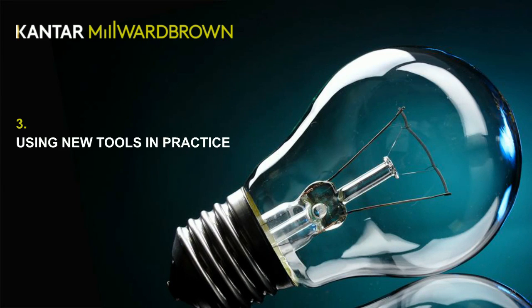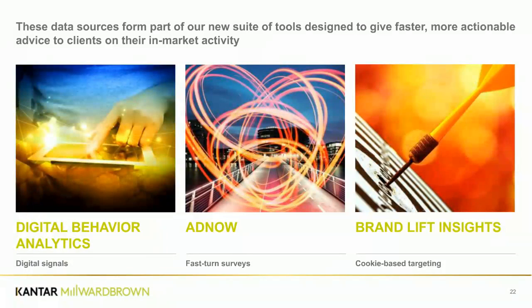So in our overall suite of brand guidance tools here at Millward Brown, we are now using a new and more advanced set of techniques to measure communication success in market. So what we do these days is we would be looking to combine the digital signals from digital behaviour analytics that Sarah has just described to us with faster turn survey-based solutions such as AdNow, which is a 24-hour turnaround in-market ad measurement solution, alongside things like cookie-based survey targeting of things like brand lift insights.